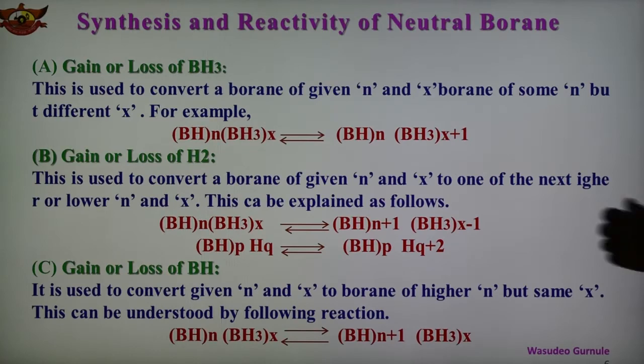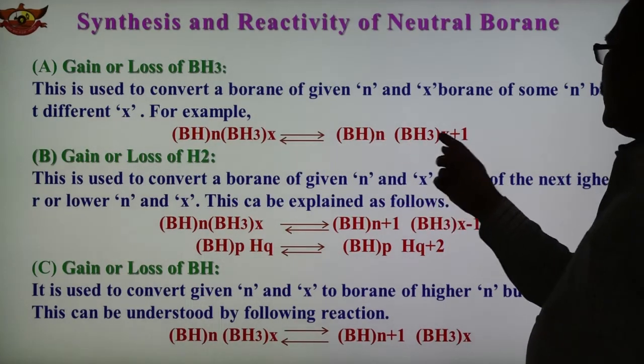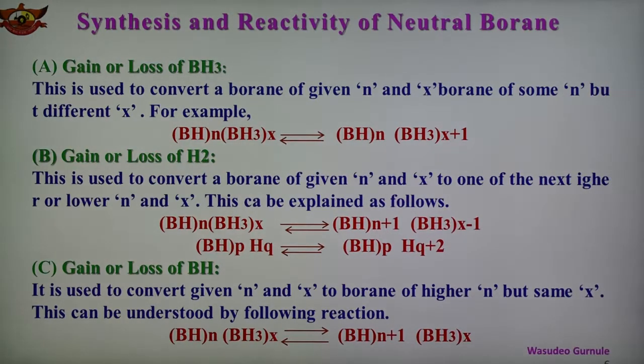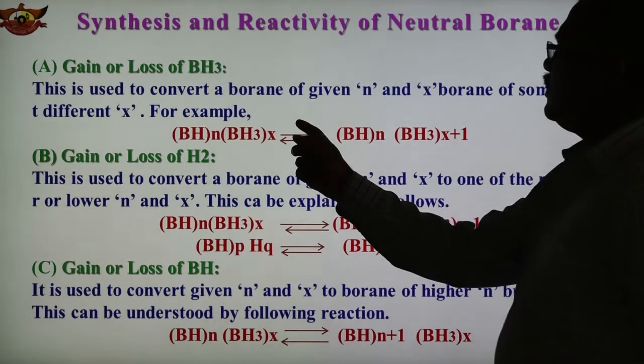In this case BHN is fixed. Now BH3 X plus 1, because here we have to add BH3.